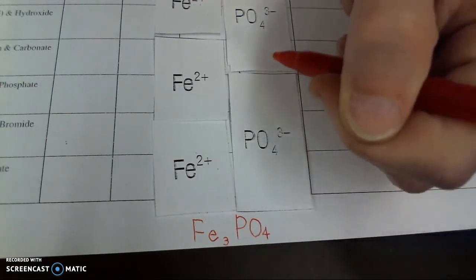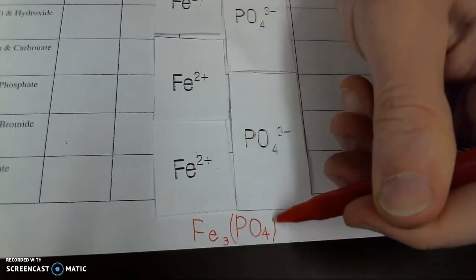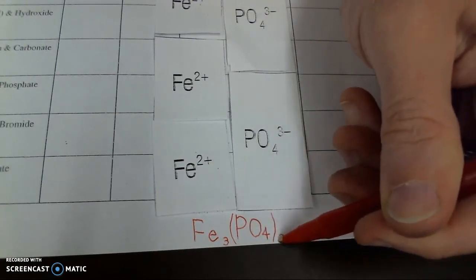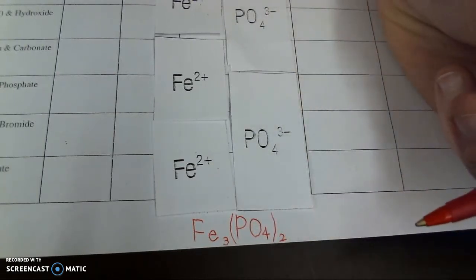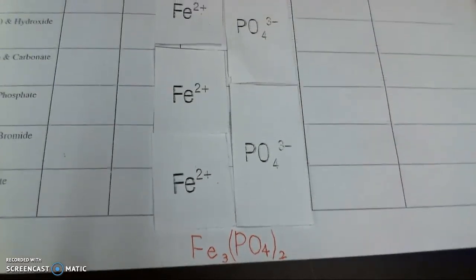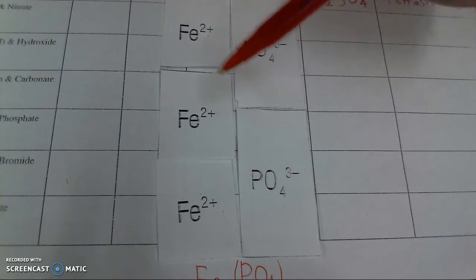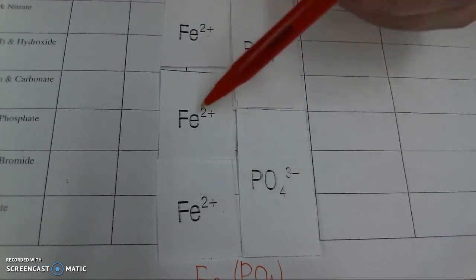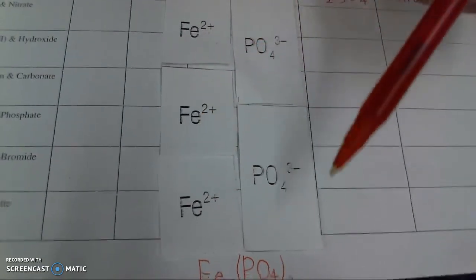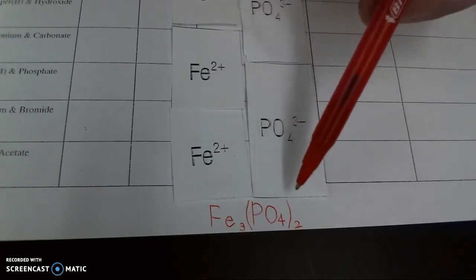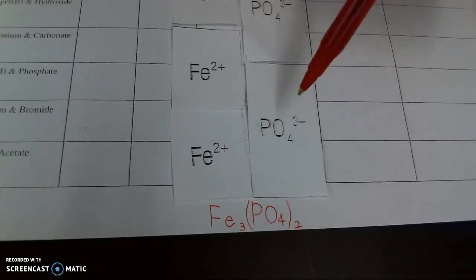But since there's 2 of them, we need to put parentheses around this whole thing and put a 2 outside of it. If you have multiple polyatomic ions that are bonding to your metal ions, you might have to use parentheses to indicate how many polyatomics you need.